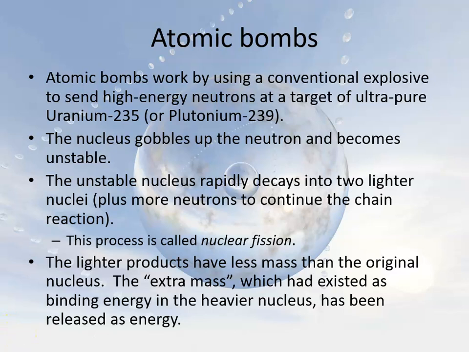So here's the idea behind how atomic bombs work. As you probably know, there are two relatively common isotopes of the element uranium present on Earth. At least if you've paid much attention to the news lately, you've heard about this because they talk about enriching the uranium. The most common isotope is uranium-238.